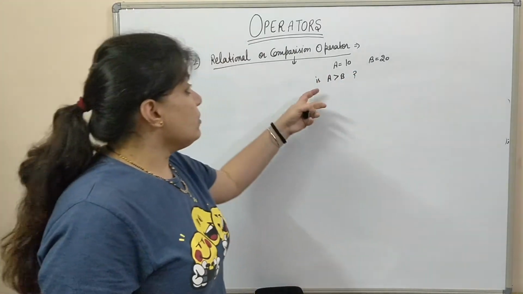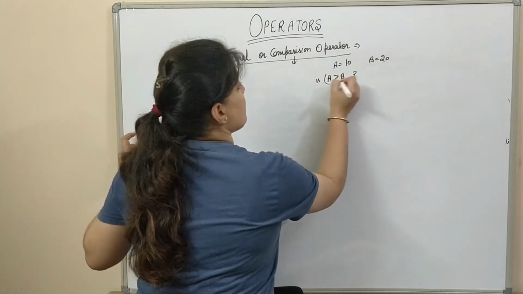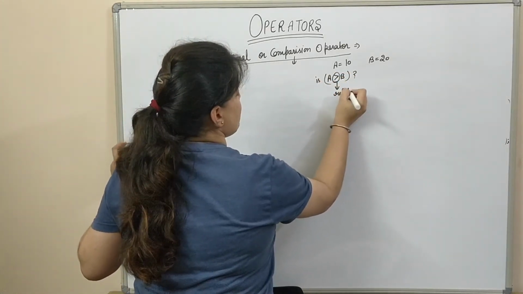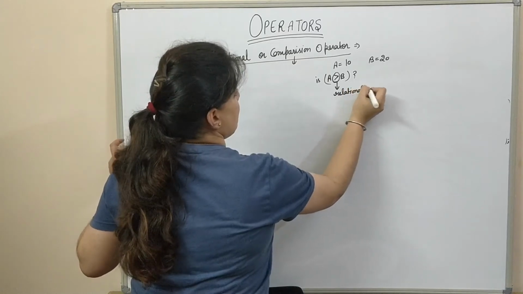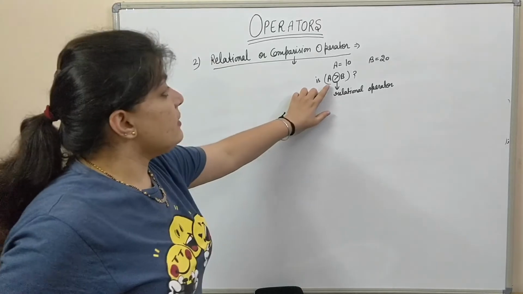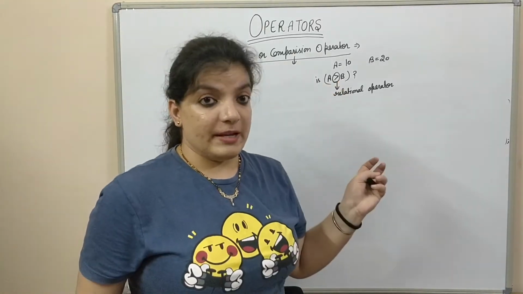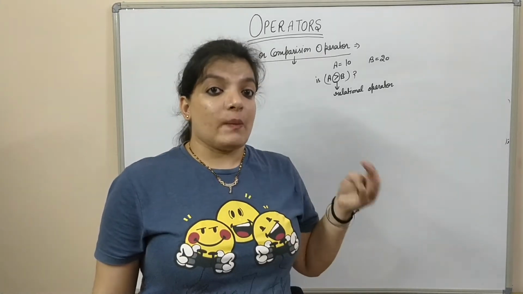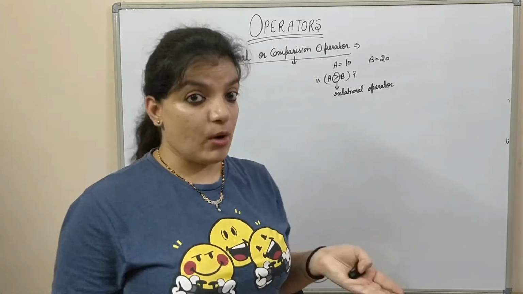This symbol is known as a relational operator, and here A and B are operands. So what is the definition of expression? It is a combination of operands and operator.